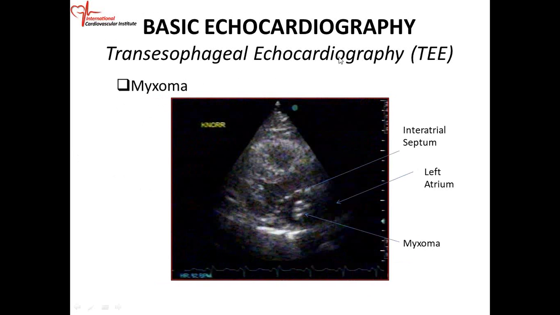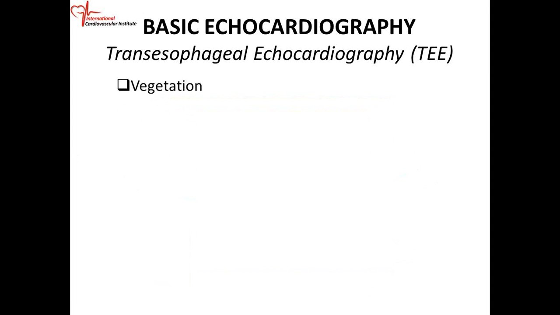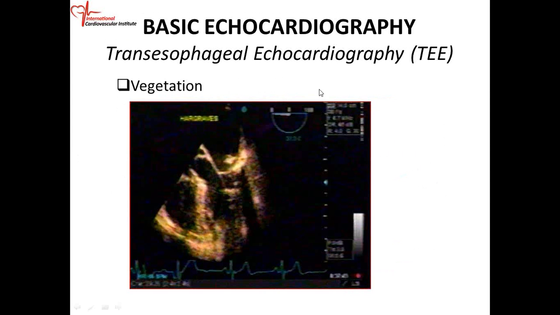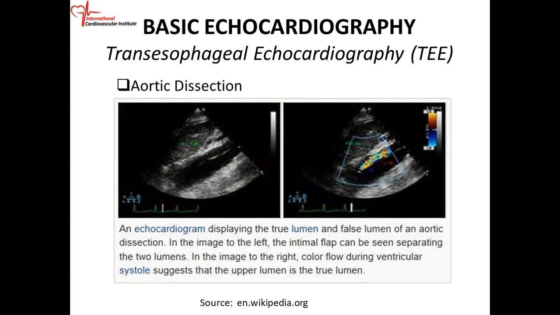Vegetation. So you know that this is a TEE because you have your degree rotation symbol. It's a vegetation on the posterior mitral leaflet, and this vegetation actually embolized and gave the patient a heart attack.